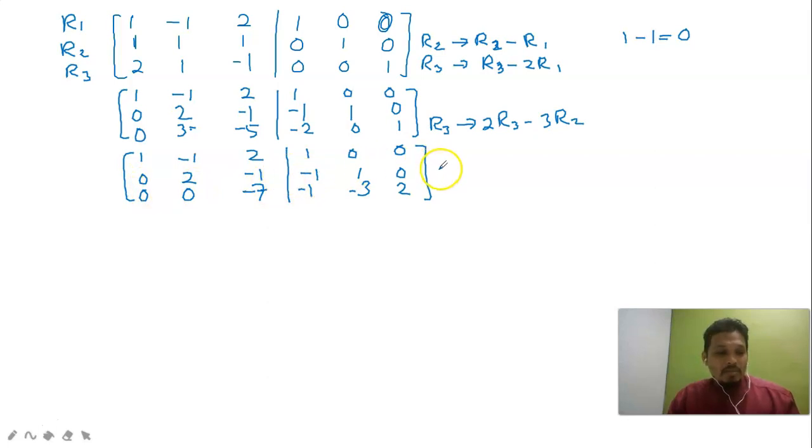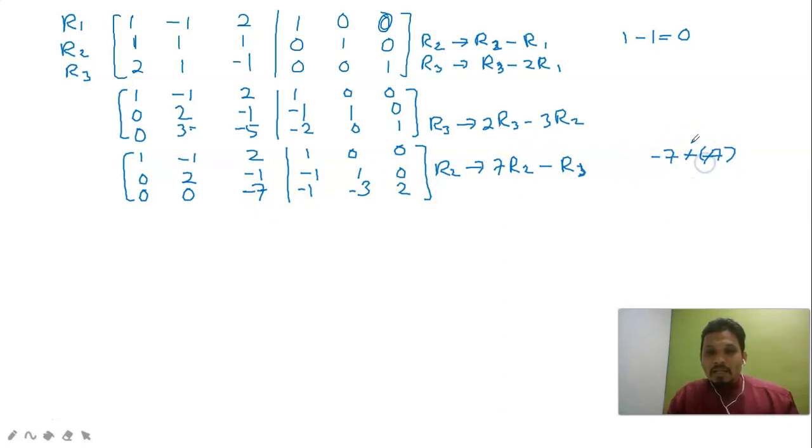So the best thing we can do now is the new R2, 7R2 minus R3. Let's double check. 7 times negative 1 equals negative 7. Okay, negative 7 minus, then we got negative 7 here.